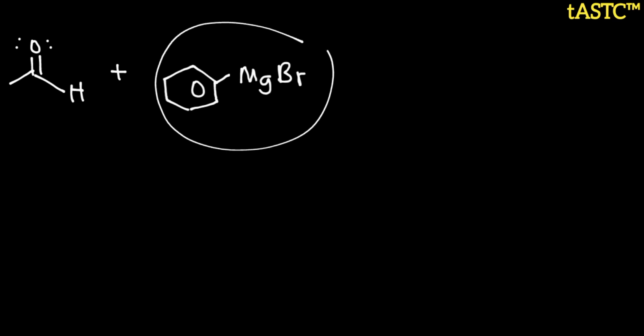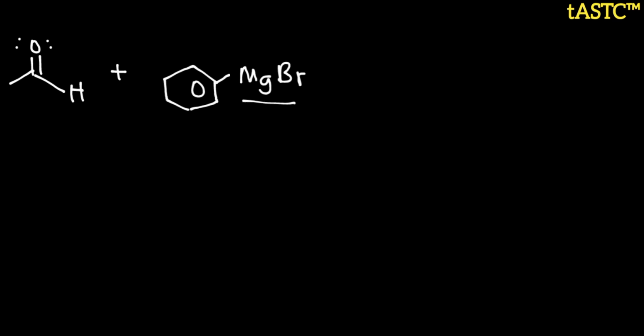This is one example of a Grignard reagent, because as we know, this is an R group, this is a phenyl group, and this is the magnesium bromide which actually forms the Grignard reagent. This is actually acetaldehyde because we have this position to be a CH3 and there is a carbon atom within that position.